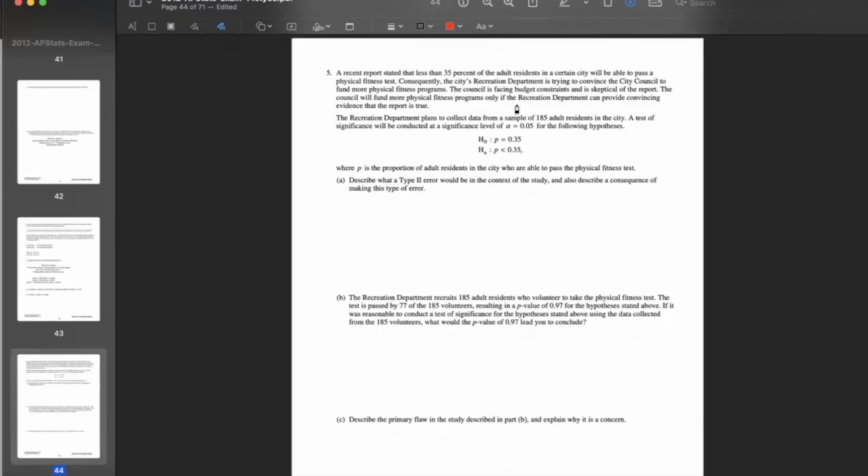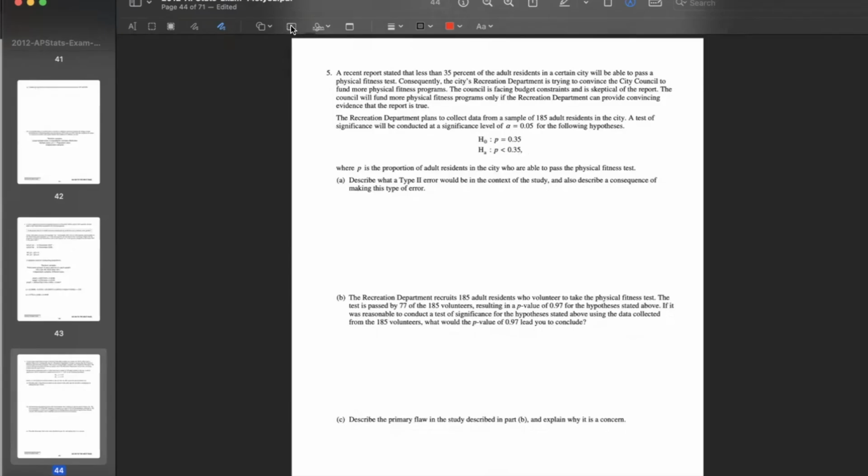All right, question number 5. We are given a hypothesis test. Part A: describe what a type 2 error would be in the context of the study and also describe a consequence. Remember that a type 2 error is failing to reject a false null hypothesis.